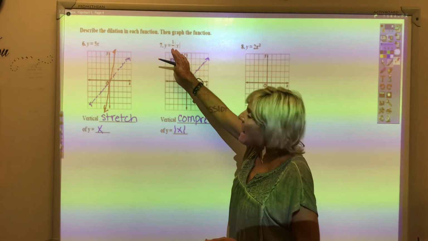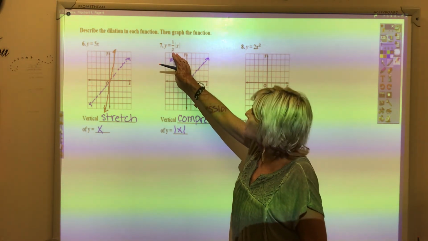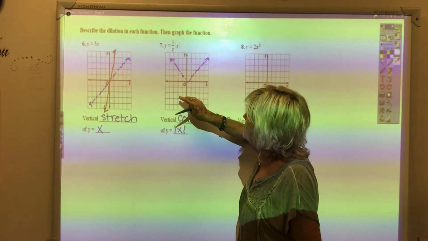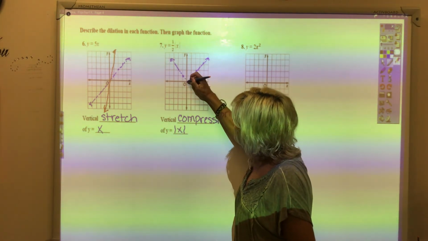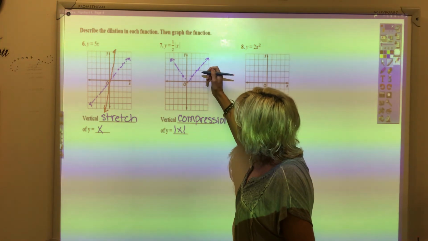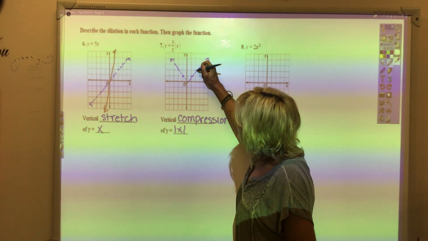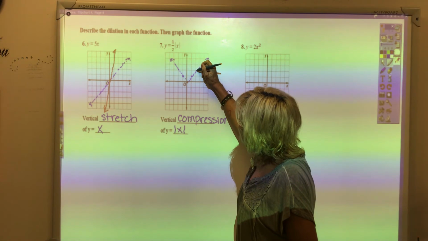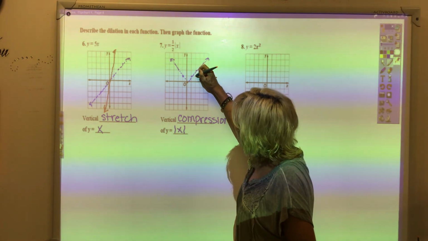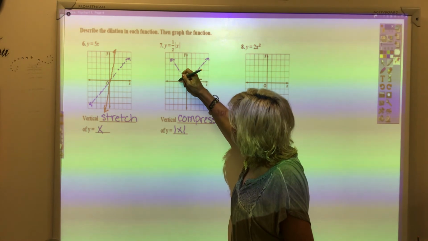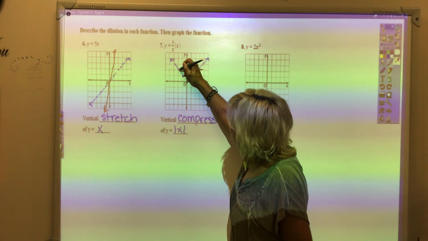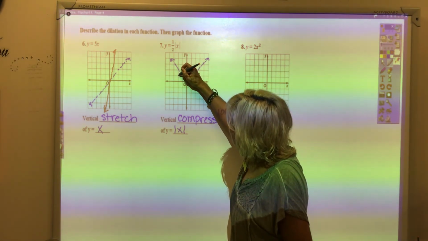So I'm going to take half of all the absolute values of x. First of all, I'd still have a point at 0, 0. But instead of at 2, 2, I would be at 2, 1. And instead of being at negative 2, 2, I'd be at negative 2, 1.